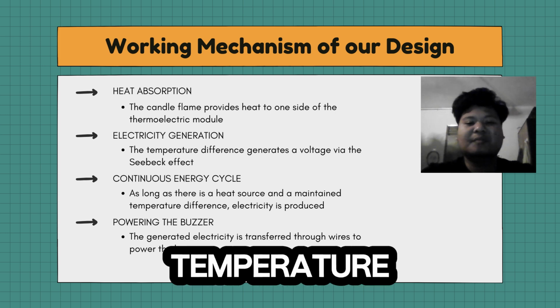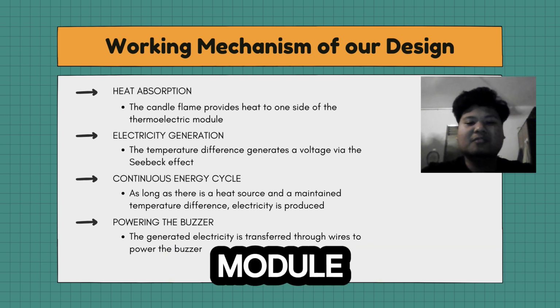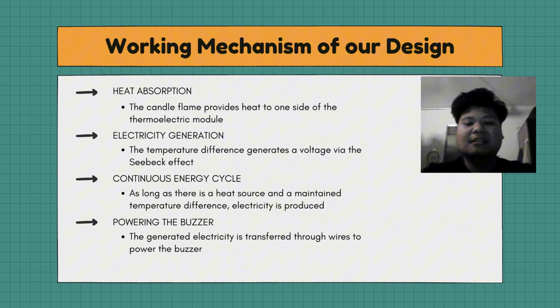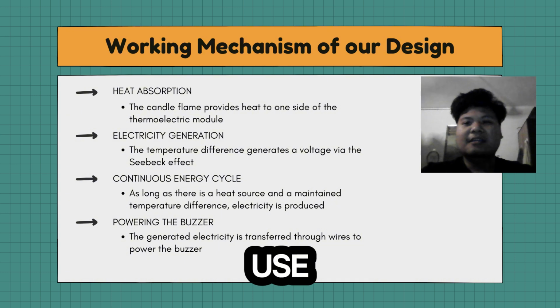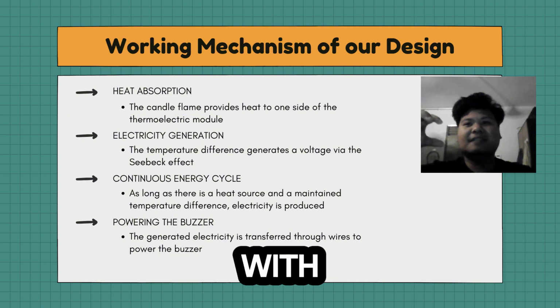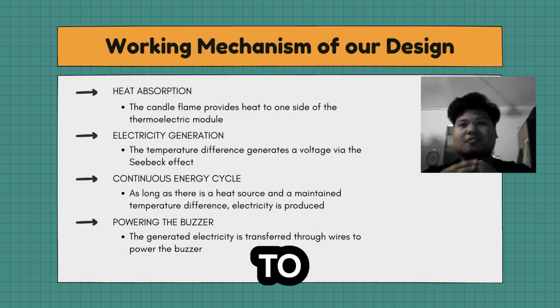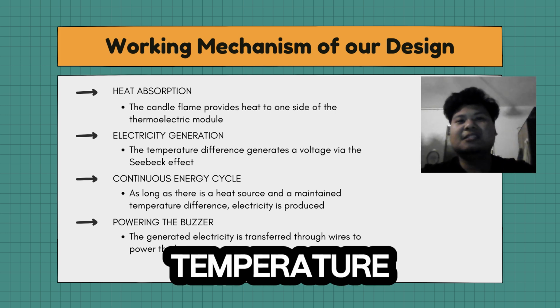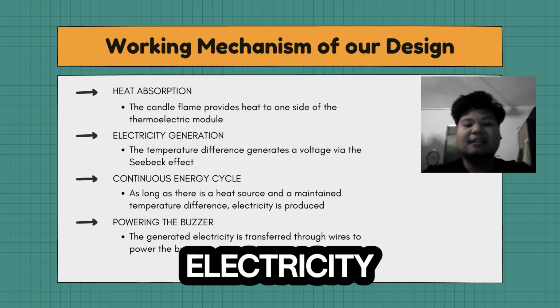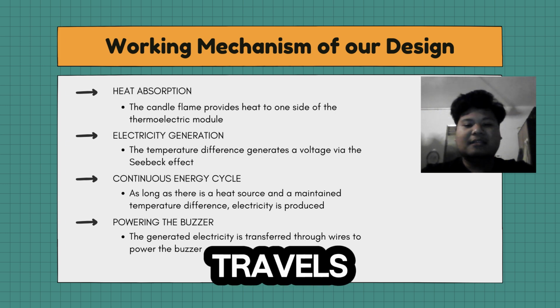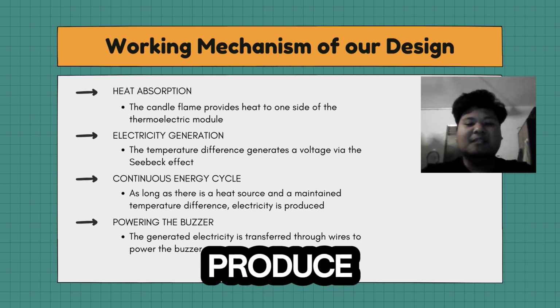As long as the temperature difference is maintained, the module continues to generate electricity. The greater the difference, the higher the power output. That's why we use the other side with the ice, because we want to make the difference of temperature larger. And the last one, the generated electricity travels through the wire to the buzzer, and it produces the buzz sound.